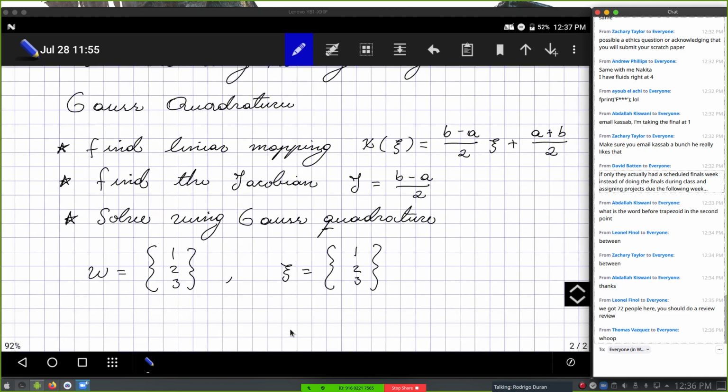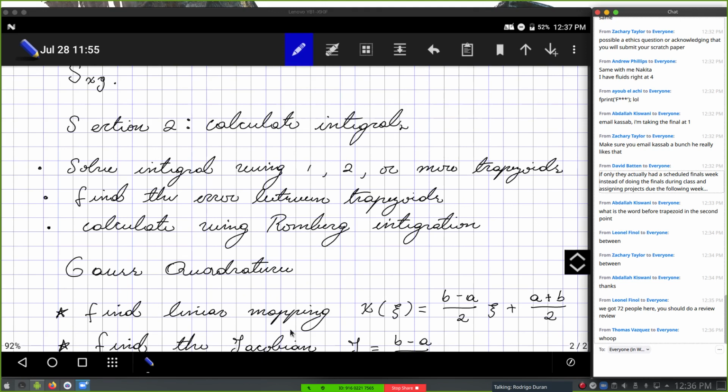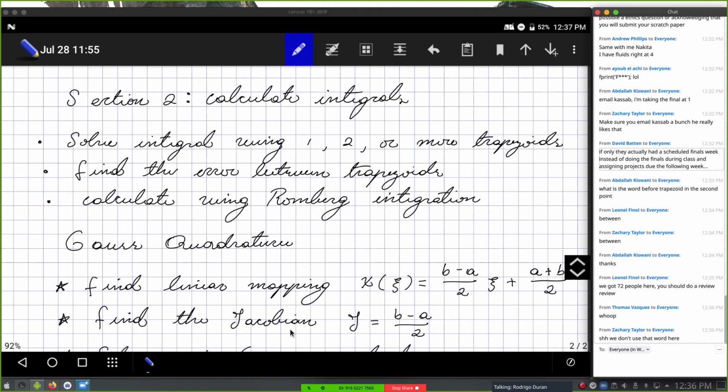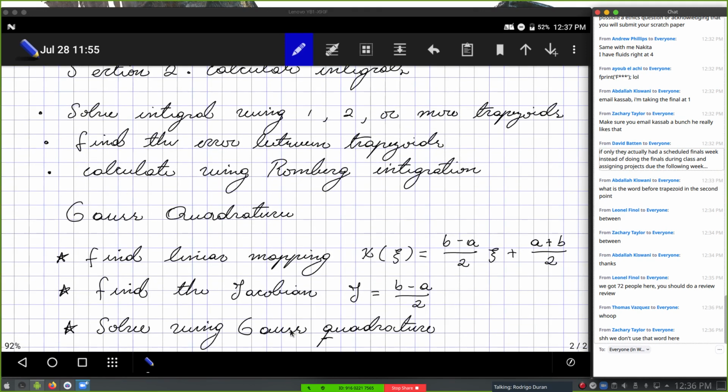So again, this is the end of the second section. The second section has to do with calculating integrals. You will have to solve an integral using 1, 2, or more trapezoids. You will have to find the error between using a certain number of trapezoids and another number of trapezoids. So if they want the error between using 3 trapezoids and 2 trapezoids, you have to be able to calculate that. You have to calculate integrals using Romberg integration.